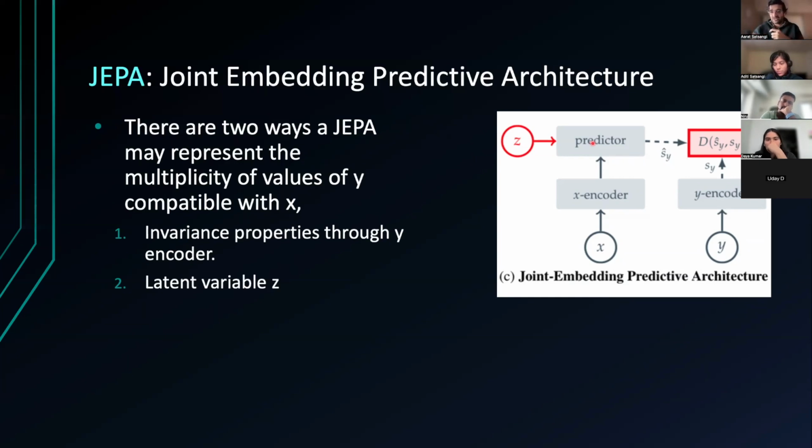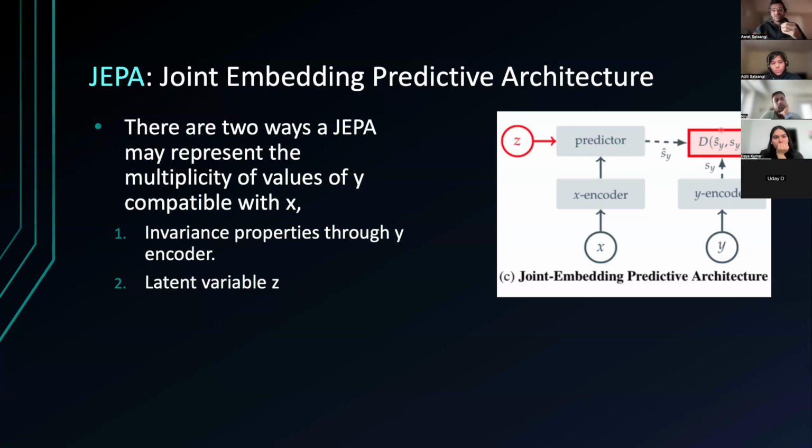When you get that, you have the actual sy cap value, and then you calculate the distance. After you have calculated this distance, you do your training procedure, like backpropagation. This is how the forward pass works in a JEPA.